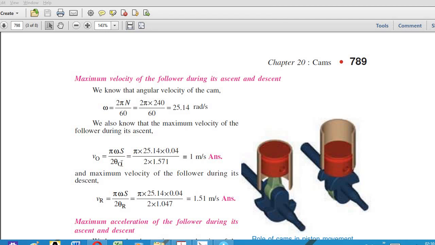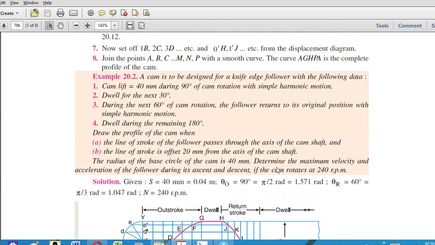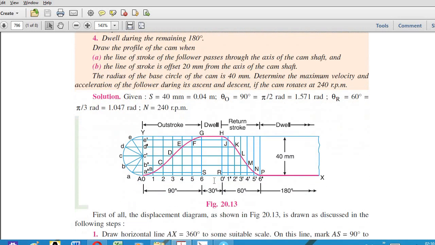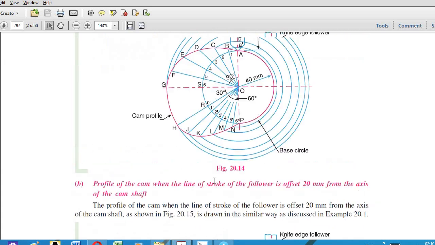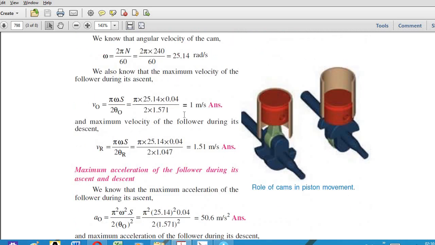Theta naught is the angle of ascent, which you should convert to radians. So we will convert it into radians and substitute this value in the formula. You will get the answer as 1 meter per second.